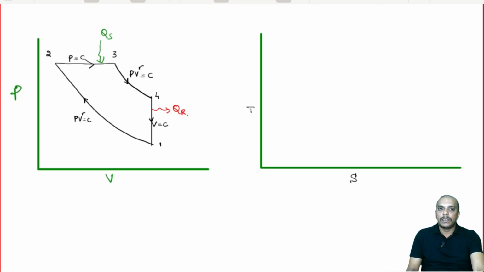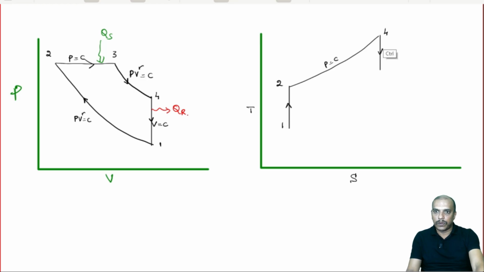Now, similarly, we will write the same here. So, that will be 1 to 2 reversible adiabatic compression, then constant pressure also looks similar to constant volume, then 3 to 4, 3 to 4 is reversible adiabatic expansion or isentropic expansion, then 4 to 1 is constant volume heat rejection.